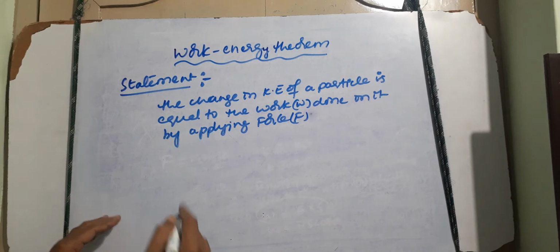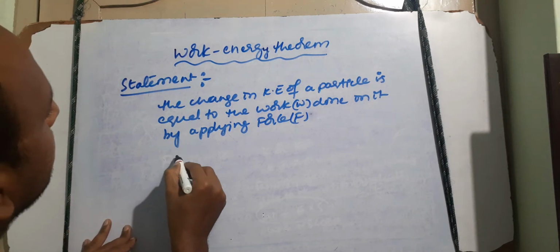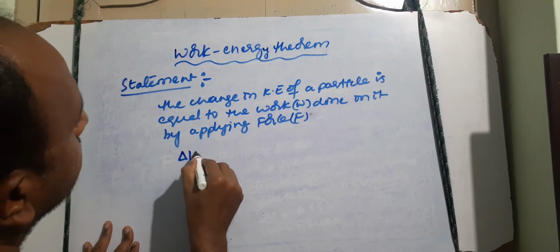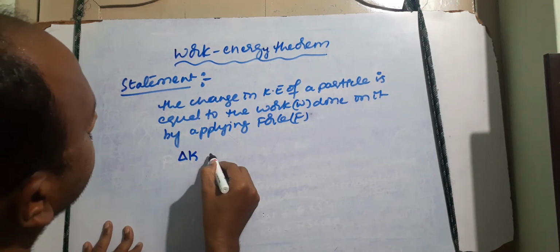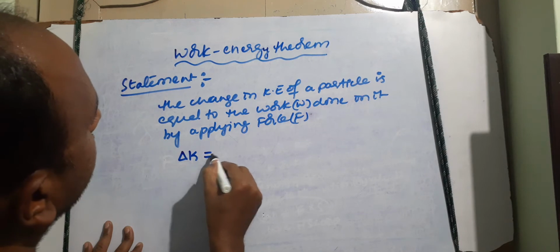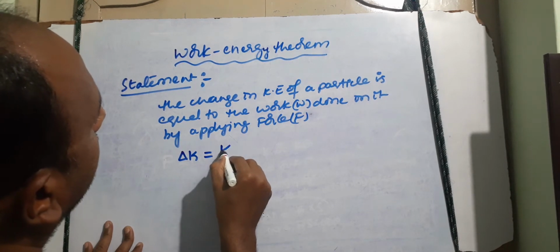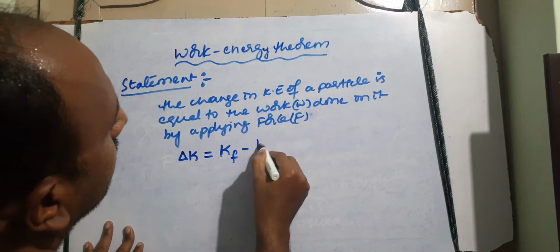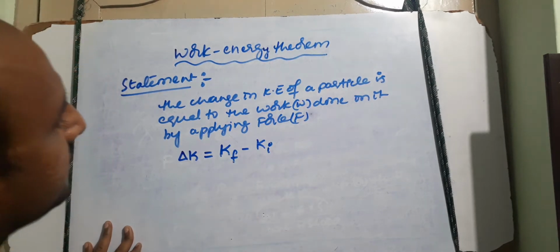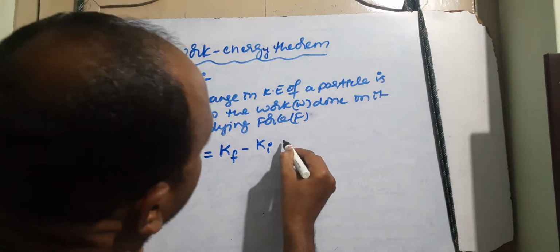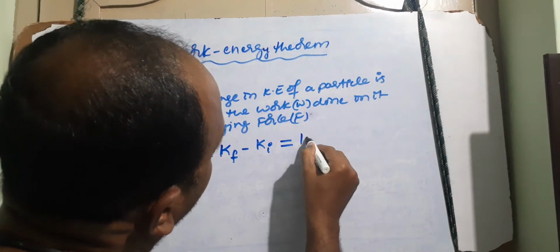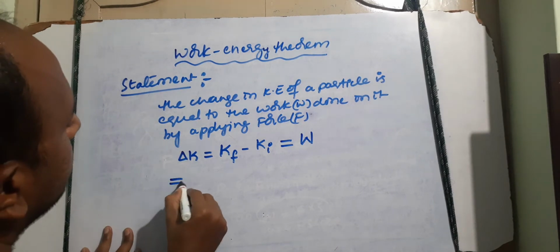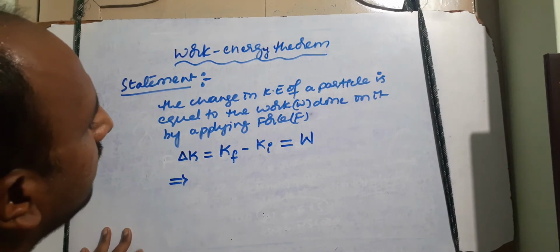The change in kinetic energy is denoted by delta K, which is equal to the final kinetic energy denoted by Kf minus the initial kinetic energy denoted by Ki. So this is equal to work done. You know the kinetic energy formula, half m v square.